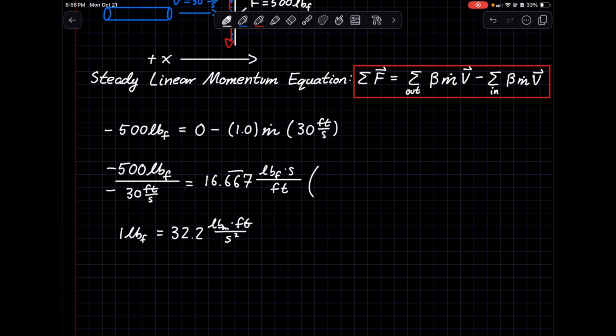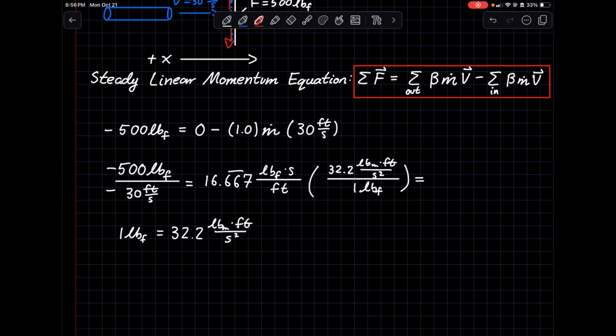So we can use that and try to get rid of our pound force value. So we can do that by multiplying this by 32.2 pound mass per foot second squared for 1 pound force.